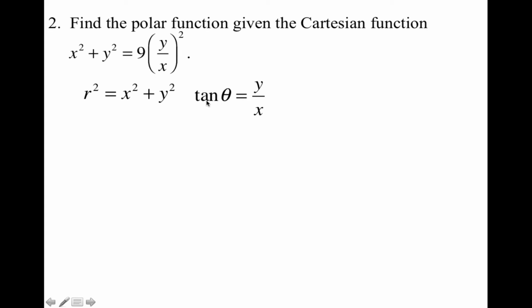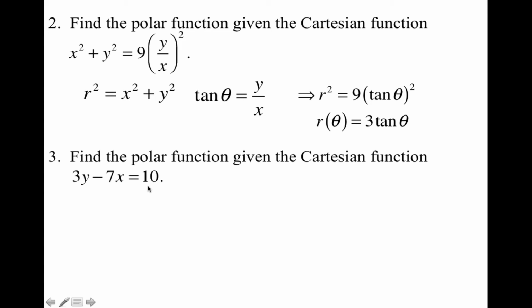Now, since tangent theta is equal to y over x, I have a y over x right here. So I can replace that y over x with tangent theta. So therefore, I can say r squared is equal to 9 tangent theta squared. And when I solve for r, I square root both sides. So I get r equal to 3 tangent theta.